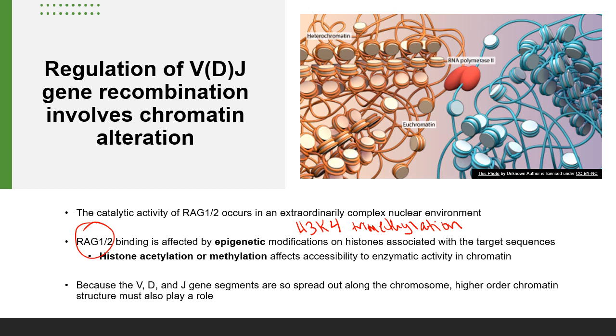But if for some reason this process fails, let's say because you didn't get good recombination or you added an incorrect number of random nucleotides and your protein just doesn't translate and make a functional B cell receptor, then you can try again on the other chromosome. So you've got a backup copy that your cells can also use. If neither chromosome can produce a functional antibody, the cell dies. This is a critical process.